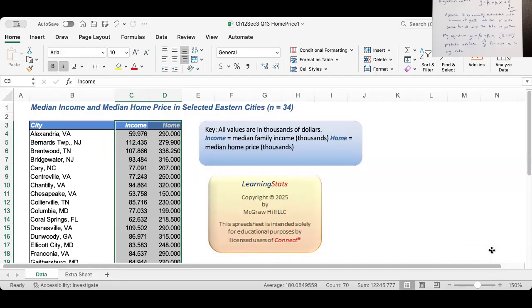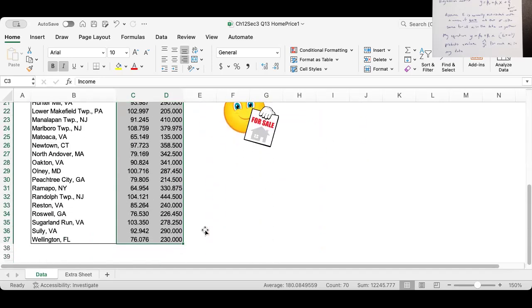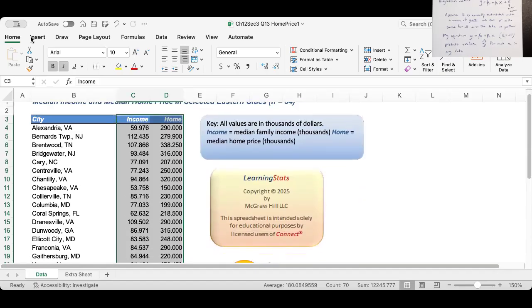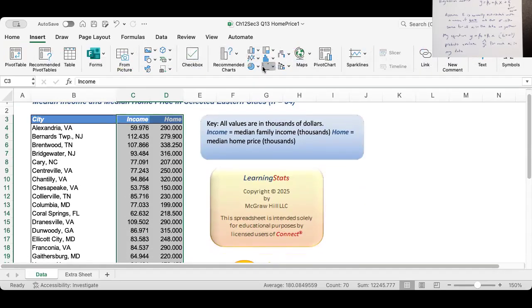I say, how much do people make in the city of Greensburg? And then I go to real estate records. What's the median home price in the city of Greensburg? And I plot all this information in a scatter plot. So I'm going to take all of this information and insert a scatter plot.